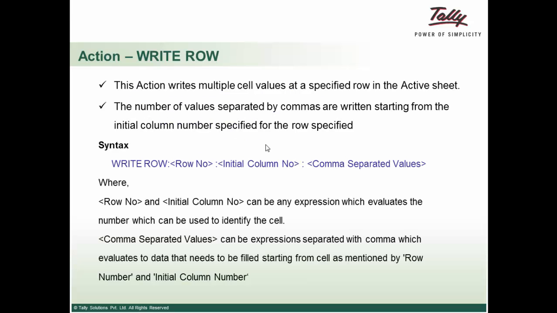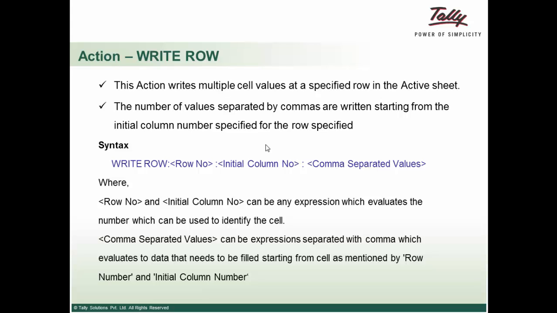Write row is where you know the row number but the column number is not specific, meaning the column number can increase. When you want to read from a file which has multiple rows and copy the data, you may know the row number but you do not know the column number.